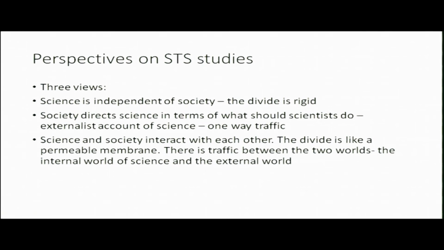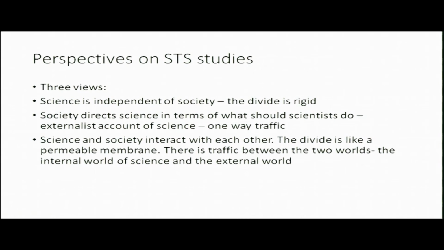The second perspective is society directs science in terms of what scientists should do. This is also called the externalist account of science. The first one is the internalist account of science, or the internal world of science. The second is what we call the external world of science influencing what science should do.